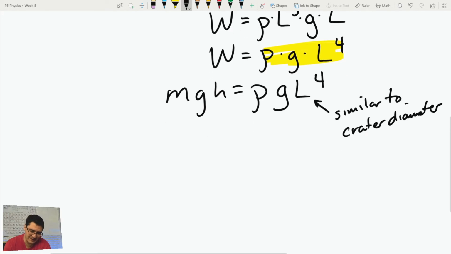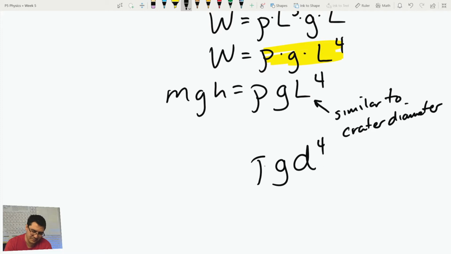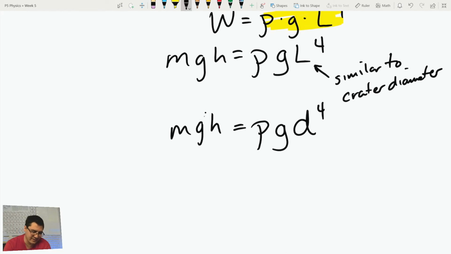I could replace that with d for diameter. Okay, I can cancel out gravity. The diameter of a crater does not depend on the gravity you experience, whether you're on Mars or the moon or Earth, it doesn't matter. It cancels, so the gravity term is irrelevant.